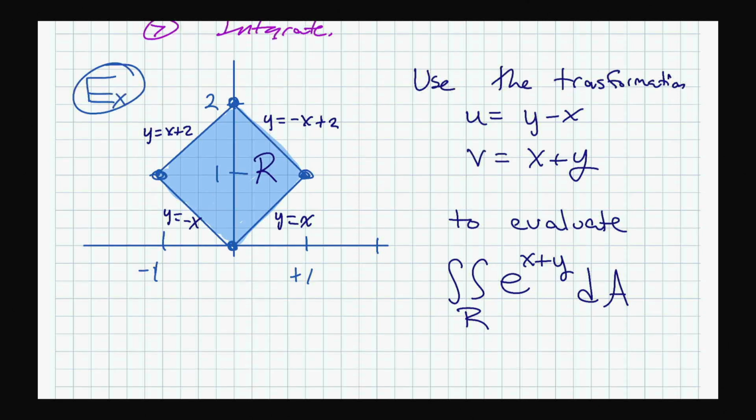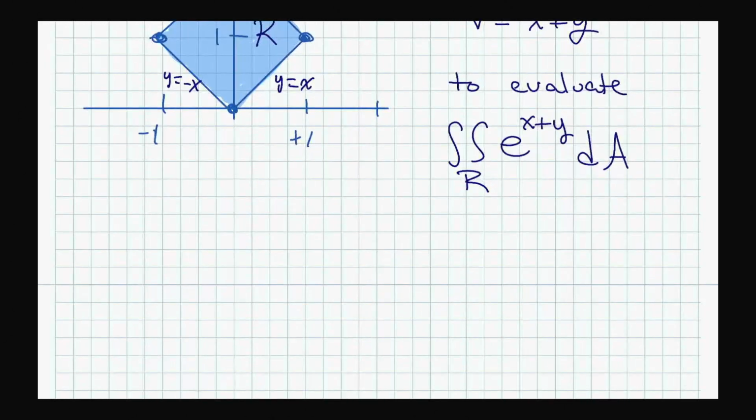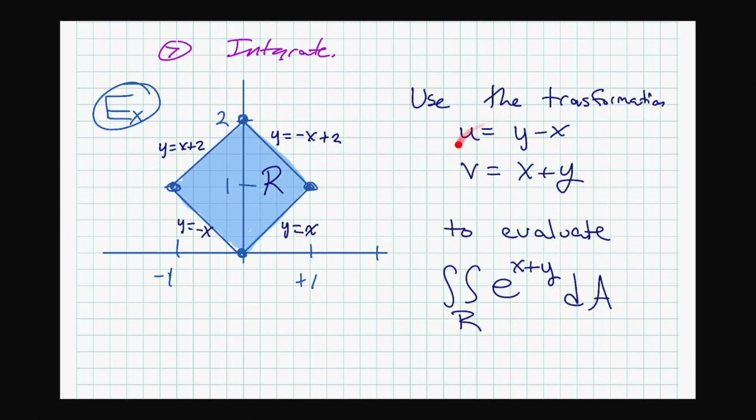Okay, so let's go ahead and get started here. First of all, I want to go over why you would use these substitutions in the first place, why that transformation.